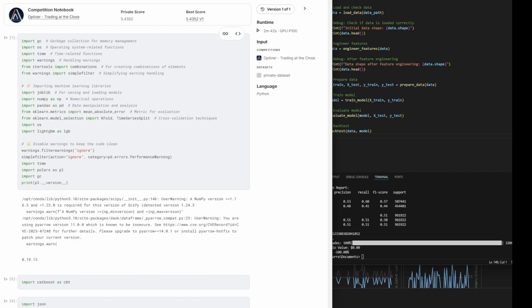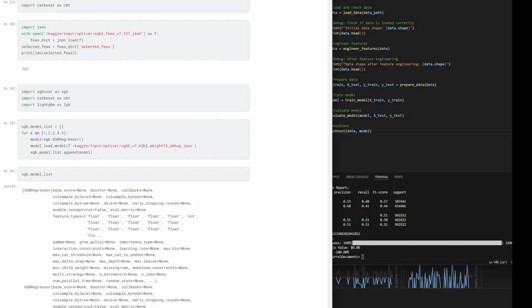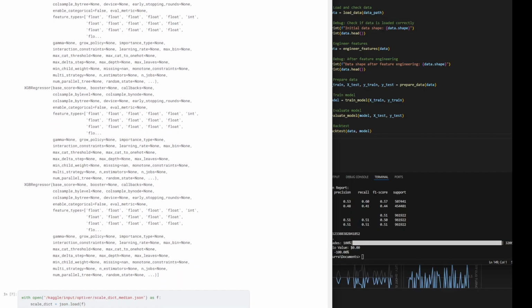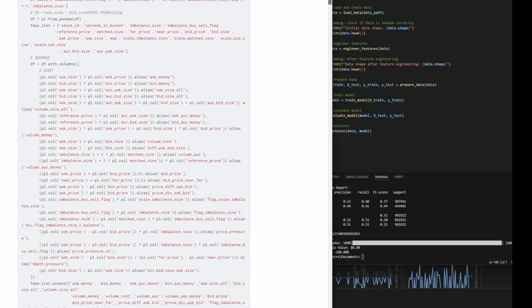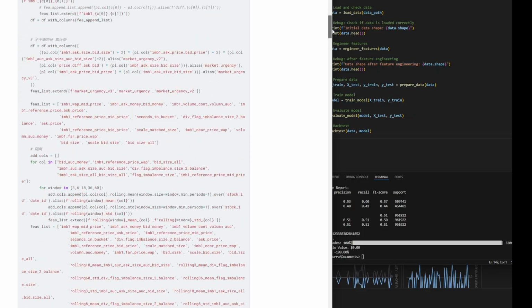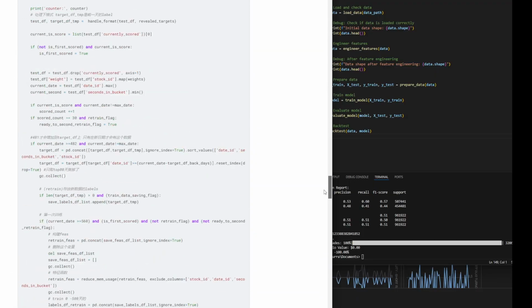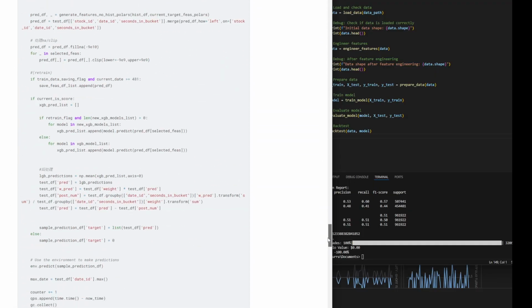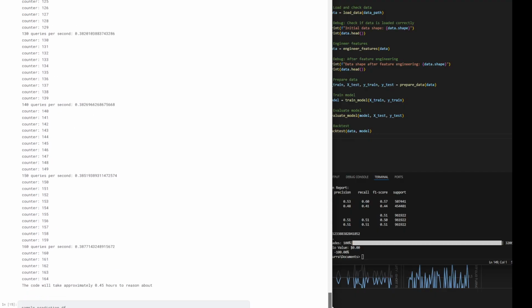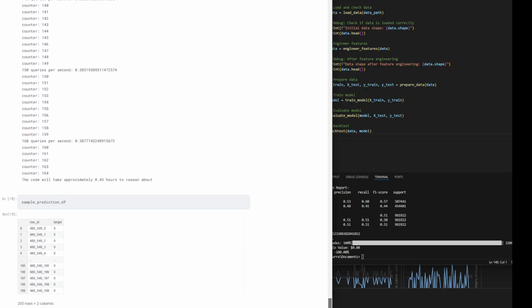See, only some of them in the competition show their actual work. And some of these competitions in Kaggle are years and years old.